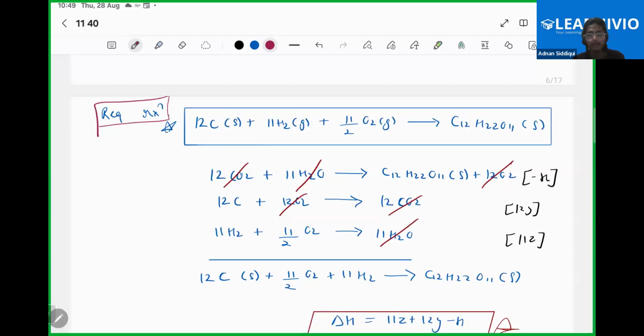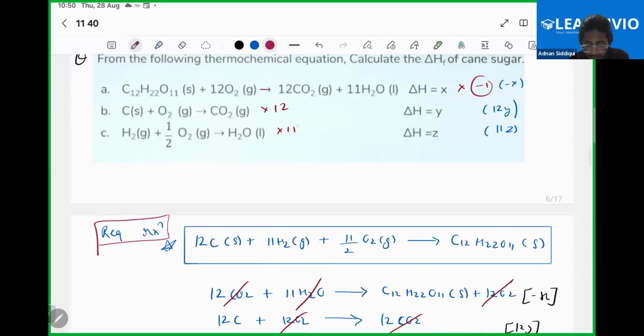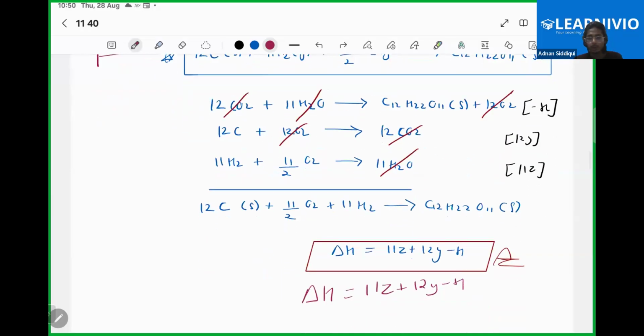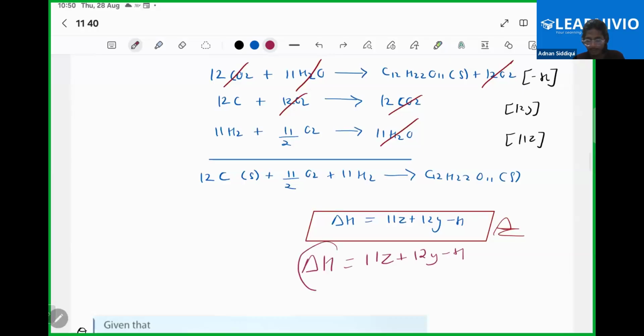We need to eliminate it. And then why did we multiply equation z by 11? Because we need to eliminate 11H2O, as 11H2O again is not in our required chemical reaction. Same goes for CO2. 12CO2 is not in your net chemical reaction. By using this combination, we can calculate the exact delta H value. This is your answer.